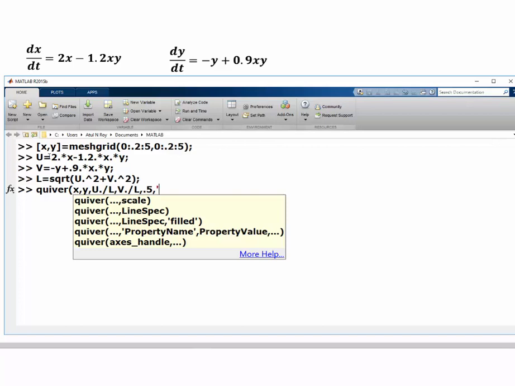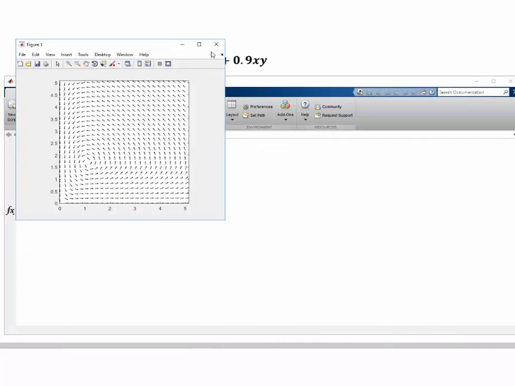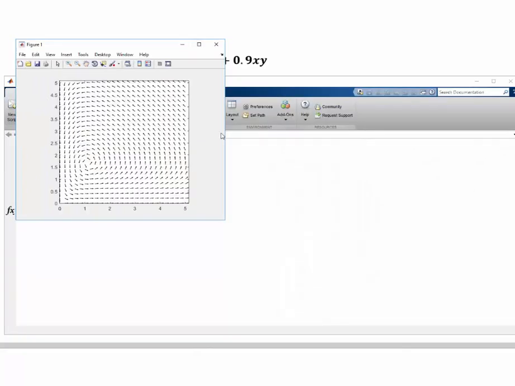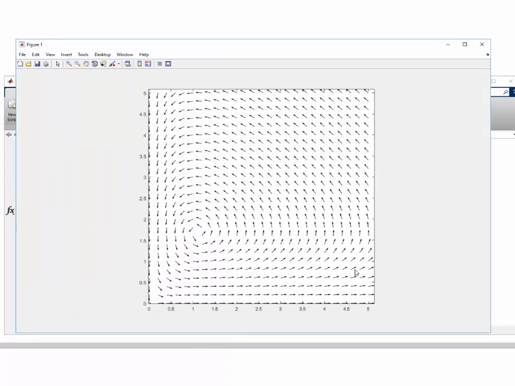Then he puts this k in here because k stands for black in MATLAB. And then he says axis equal tight. So here we go, we have a good looking vector field for this set of given differential equations.